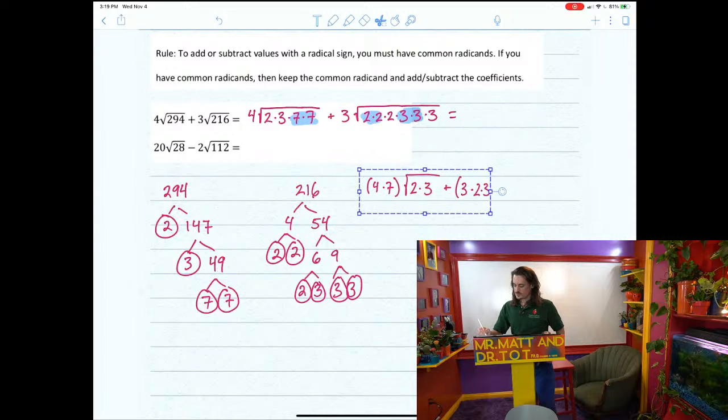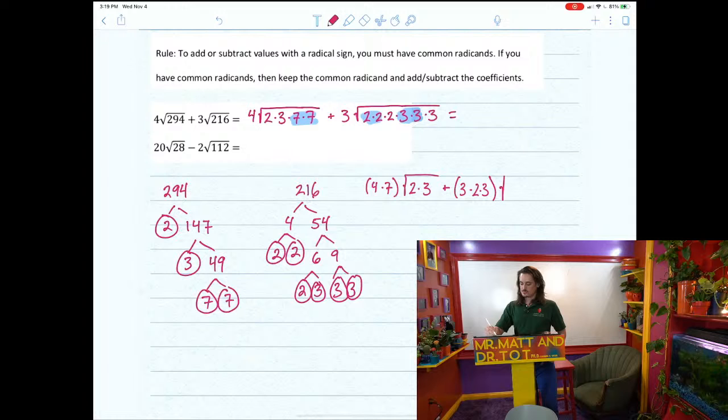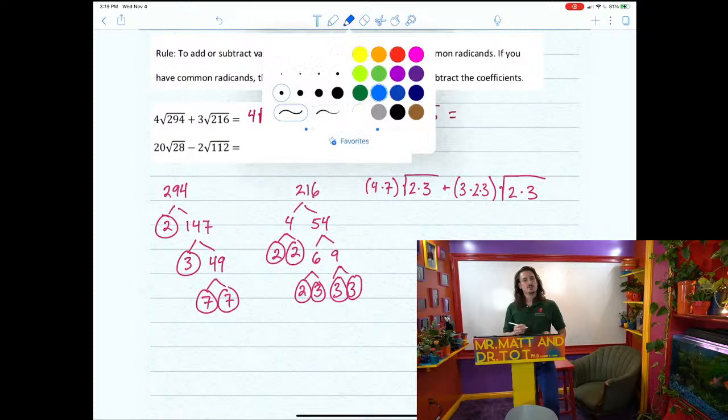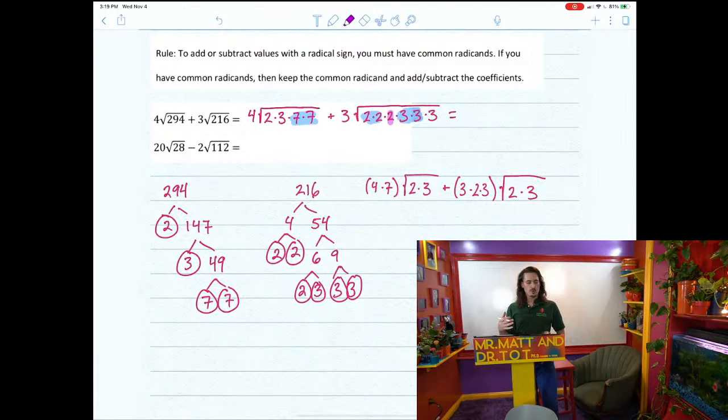Times the square root of 2 times 3. Notice that we're left these values, oops, let me get another color. This 2 and the 3 follow down because they don't have pairs to match with to pull out of the radical. So they're left underneath. And notice that that leaves us with common radicants.